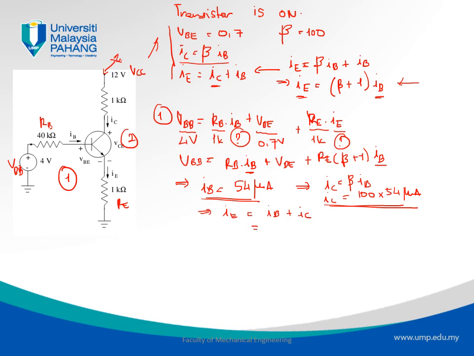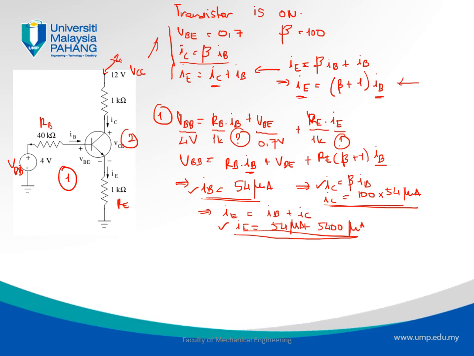IB is 54 microamps, and then plus, basically 54 multiplied by 100, I'll just write 5400 microamps. I'm just going to leave it like this for a moment. So now we know all the parameters of IB, IC and IE.